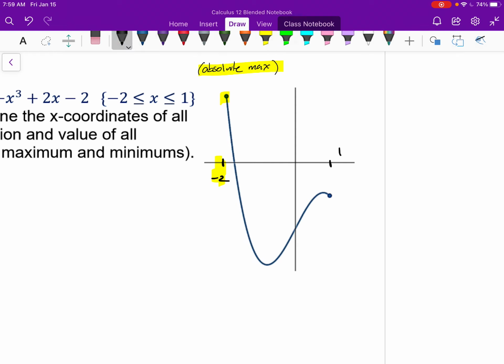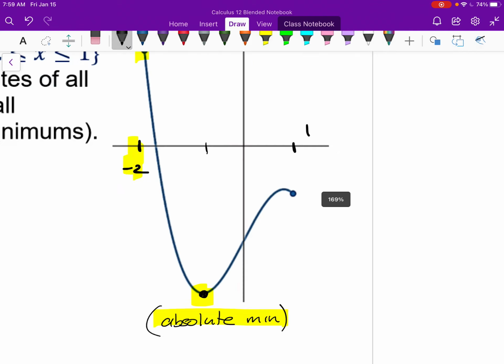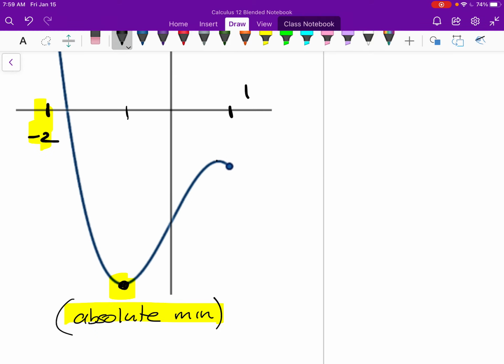I can see down here, wherever this is, I don't know yet where that is. But I know that's my absolute min. Again, I can just see it from looking at the graph. I can also see by looking at the graph, there's another critical point right here. That is a local max.